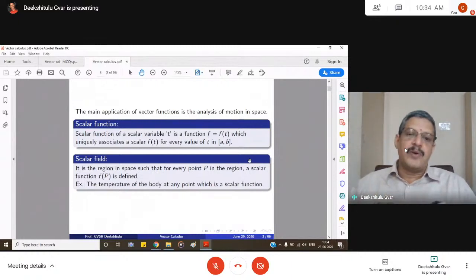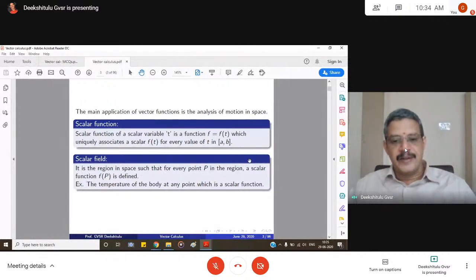So the temperature of the body changes with the location of the point I am considering. If I take one point, another point, another point, at each and every point of this body the temperature, which is a scalar quantity, is defined. So this is my scalar field, and my temperature function is the scalar function.